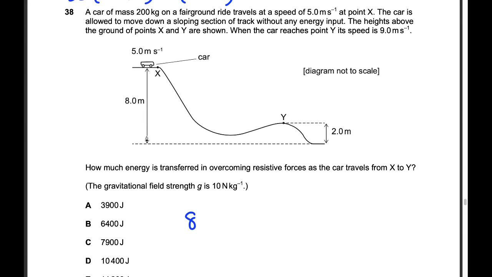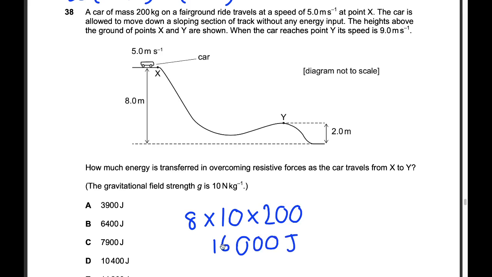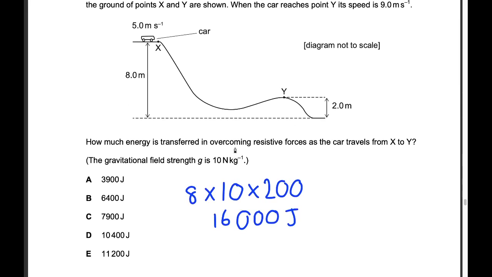So my height is 8, my g is 10, so that's 80, and my mass is 200. So times 200, that would give me 80 times 200 is 16000. So 16,000. Okay, 16,000 joules of gravitational potential energy.